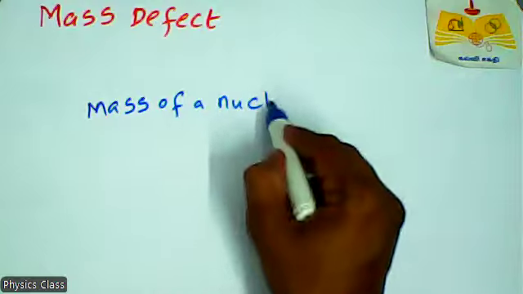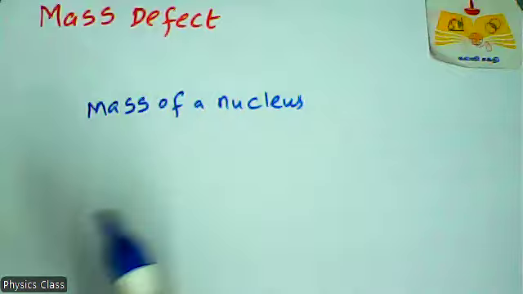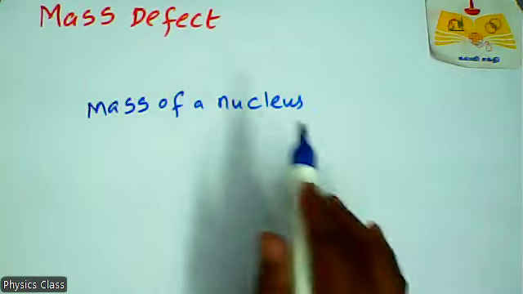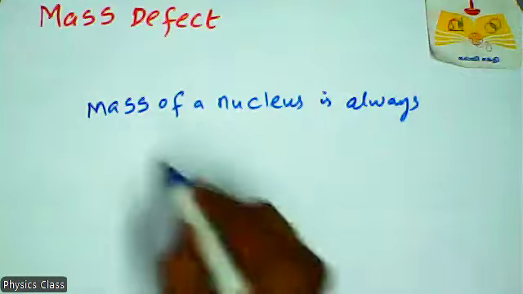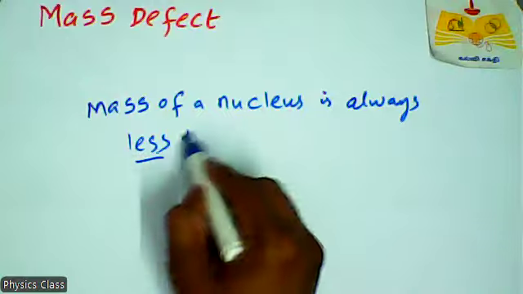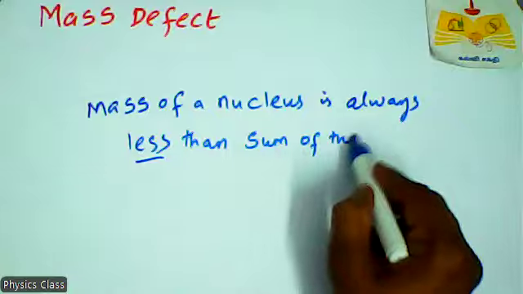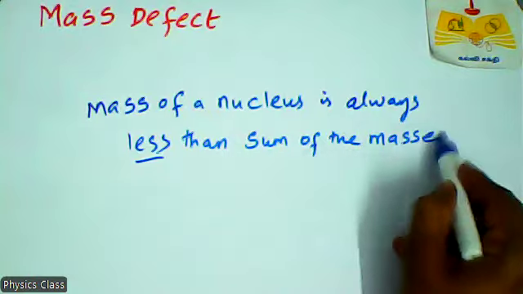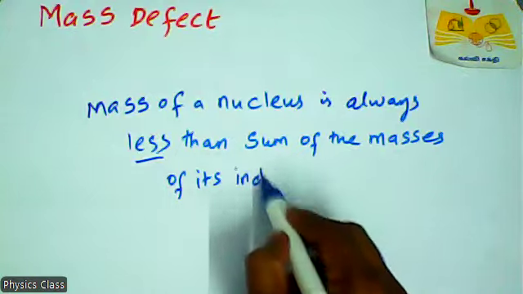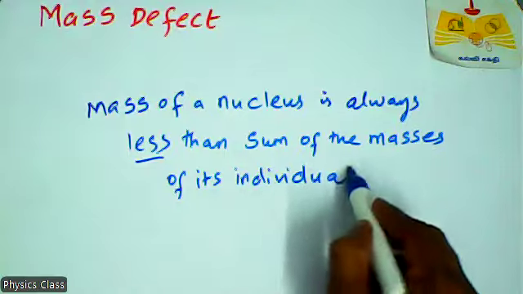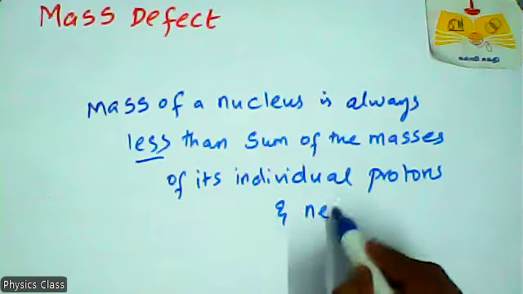The mass of the nucleus is always less than the sum of the masses of its individual protons and neutrons.